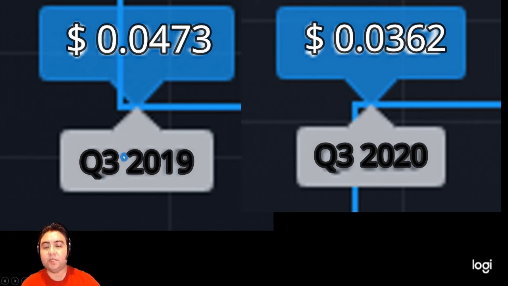But in comparison with 2019, it was 4 cents. So it was almost half a cent of difference. It's not too much, but usually I expect that every year the earnings per share can be higher. So that means that even though the stock was growing, there is a specific point that this can go lower.